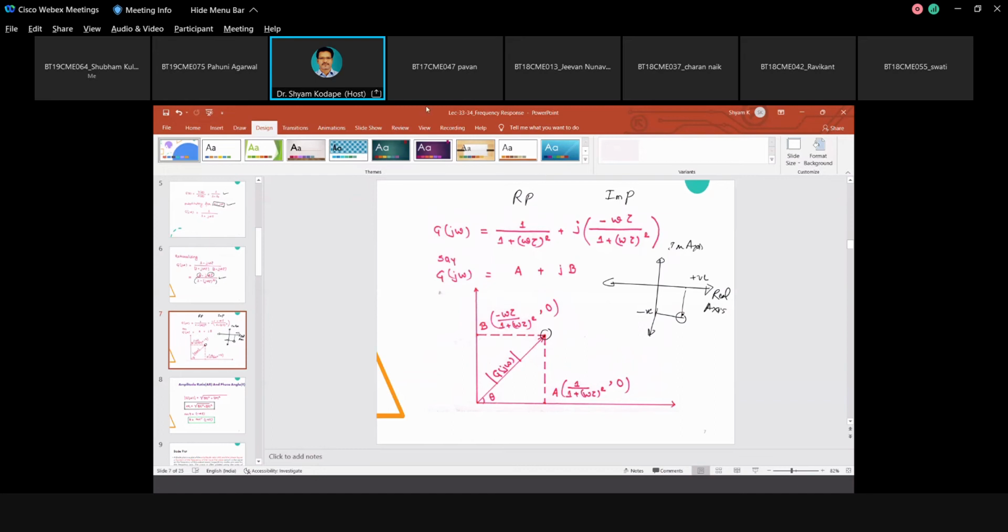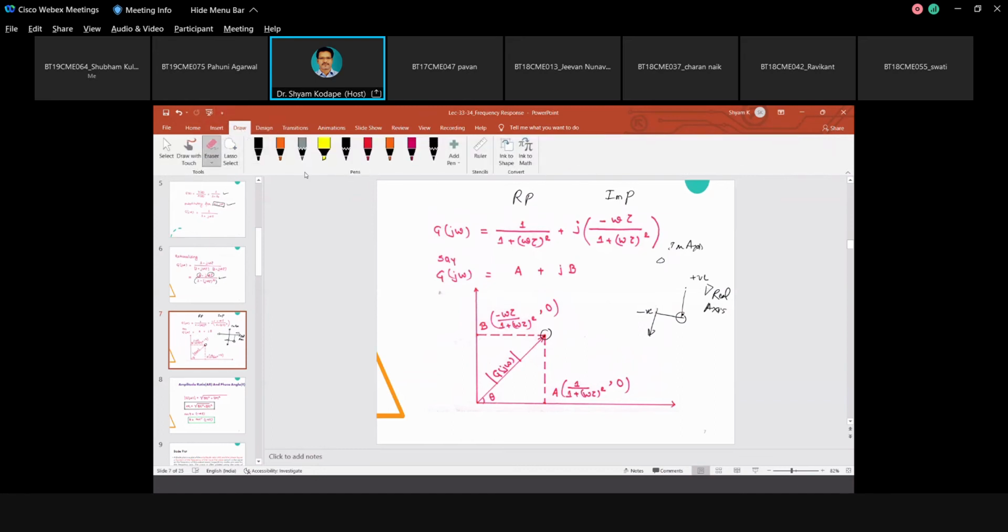How can we calculate it? This can be calculated by using the Pythagoras theorem: the square root of the real part square plus the imaginary part square, that is, OA square plus OB square, if we use the Pythagoras theorem in the geometry.